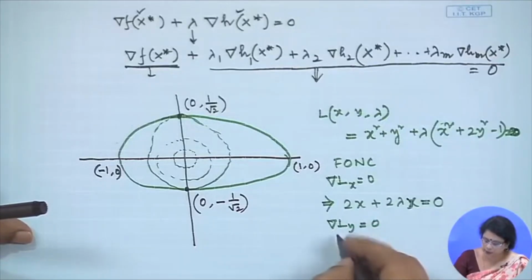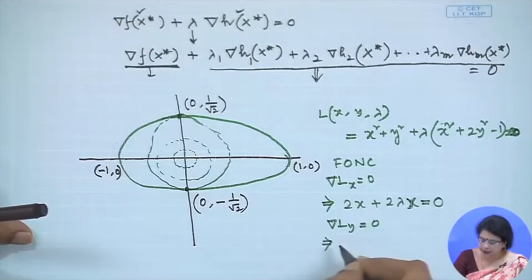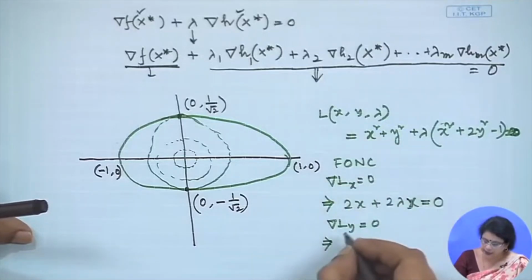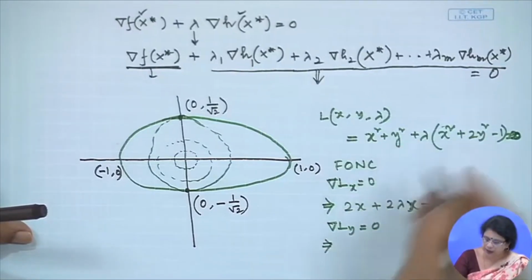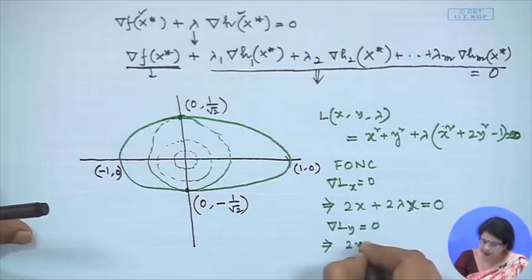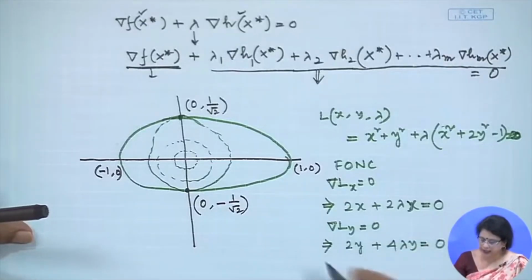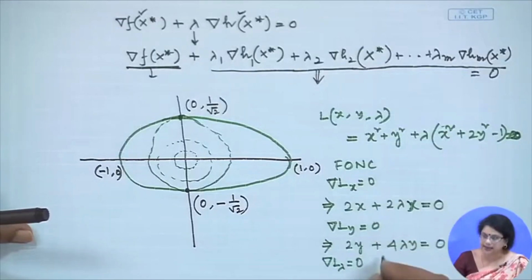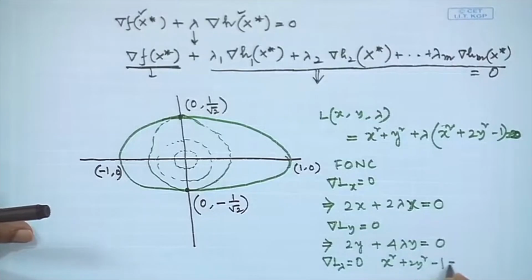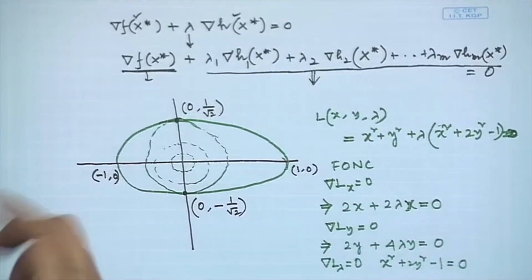Partially differentiating L with respect to y, we get 2y plus 4 lambda y equal to 0. What else are we getting? We are getting L lambda must be equal to 0. It means that x square plus 2y square minus 1 is equal to 0. Then what exactly are we getting?